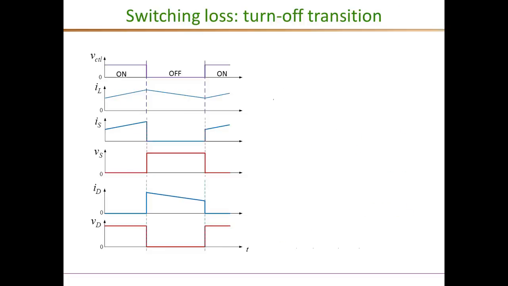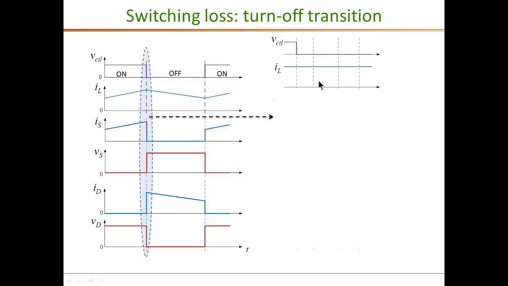The other important source of losses, even more significant for high frequency applications, is of course the switching losses. So let's zoom in near the switching transition instant and understand the switching process and the switching losses. I zoom in to begin with at the turn off instant. This is when the gate drive goes from high value to low, and the zoomed in portion is shown here.